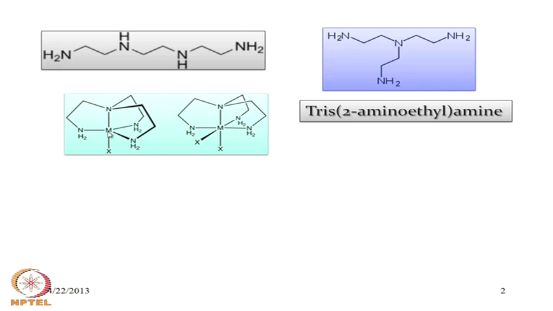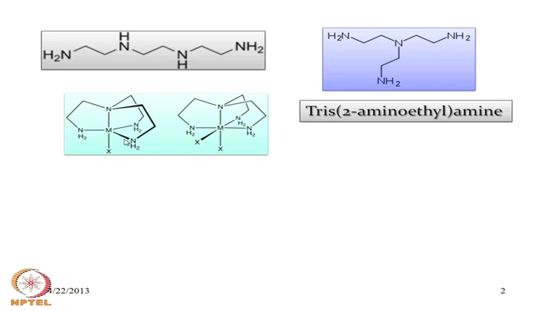So, it has a different geometry compared to the corresponding TACN CuCl2 compound, since we are occupying this particular nitrogen, which is the tertiary nitrogen, and this tertiary nitrogen can show some long metal-nitrogen bond. The overall geometry of this system is trigonal bipyramidal. The basal trigonal plane is formed from 3 NH2 groups; they are all similar.